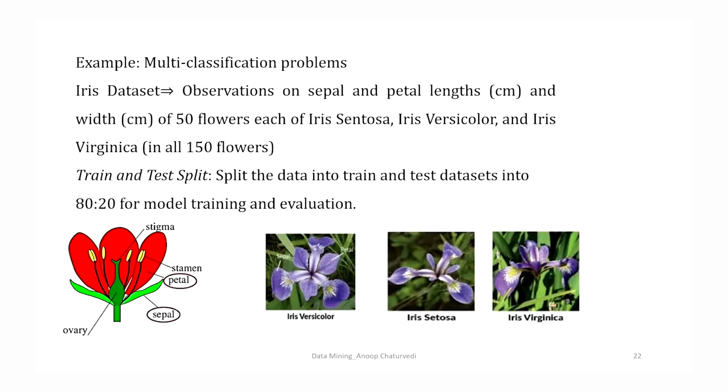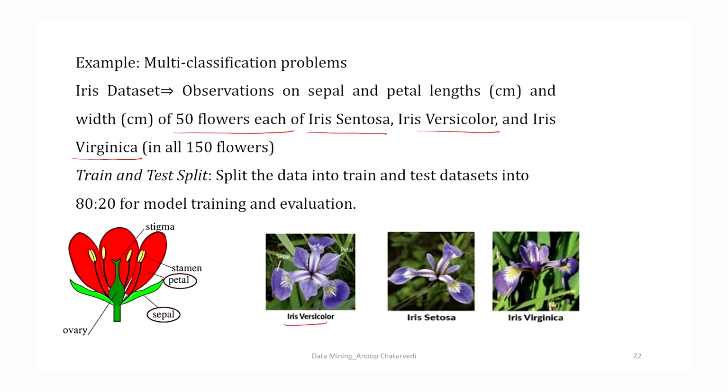Now, we consider this example of a multi-classification problem. We consider the Iris data set. We have observations on sepal and petal lengths and widths of 50 flowers each of Iris setosa, Iris versicolor and Iris virginica. So, in all you have 150 flowers.